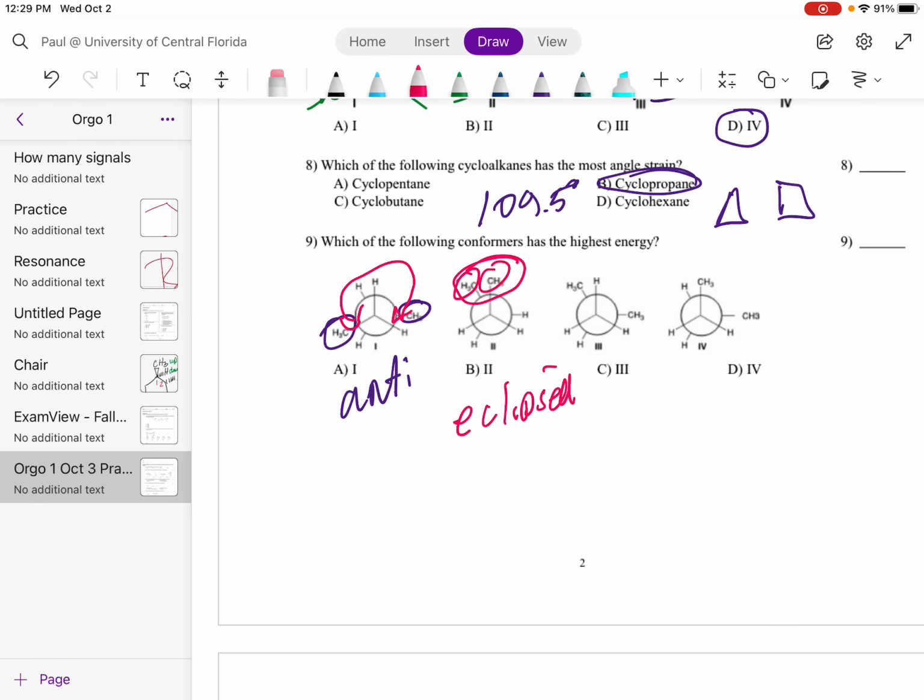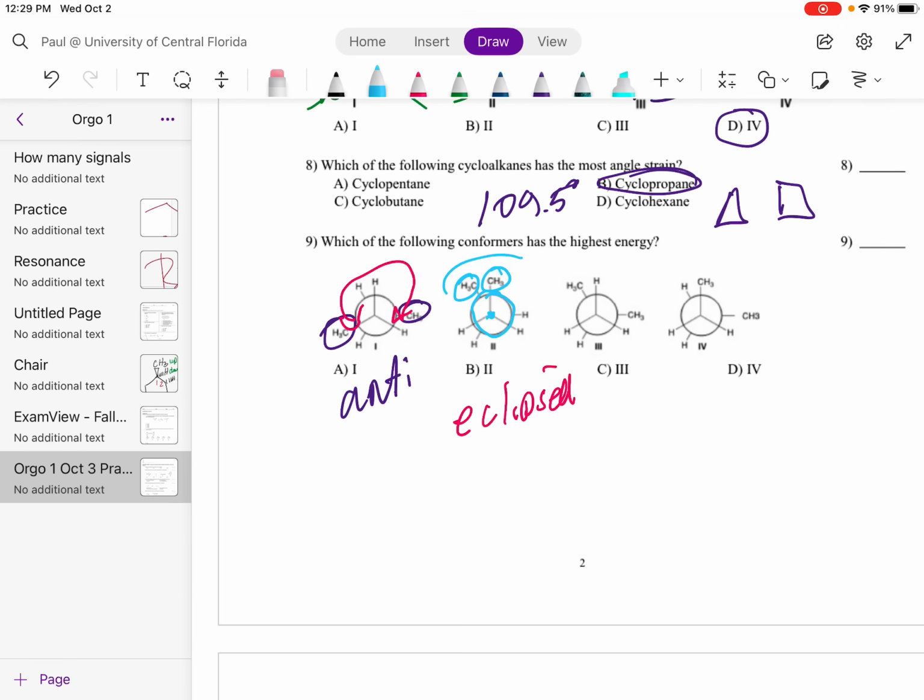When I circled these two methyl groups, do you see how they're both on the back carbon? That's not the comparison we're trying to make. We're trying to make the comparison between the largest group on the front carbon, which is the dot, and the back carbon, which is the circle. So when we look at it from that perspective, the largest group on the dot, or the front carbon, is the methyl. And the largest atom on the circle is that methyl.